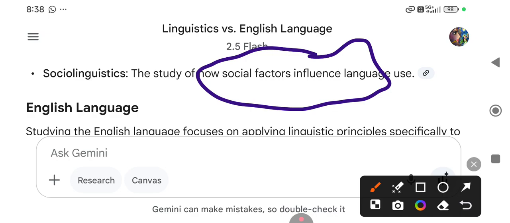Suppose Gujaratis are Gujarati basically, so that's mother tongue influence. It affects the language. If I am North Indian, my language is different from South Indian, their tone and accent and all. So this study comes under sociolinguistics.